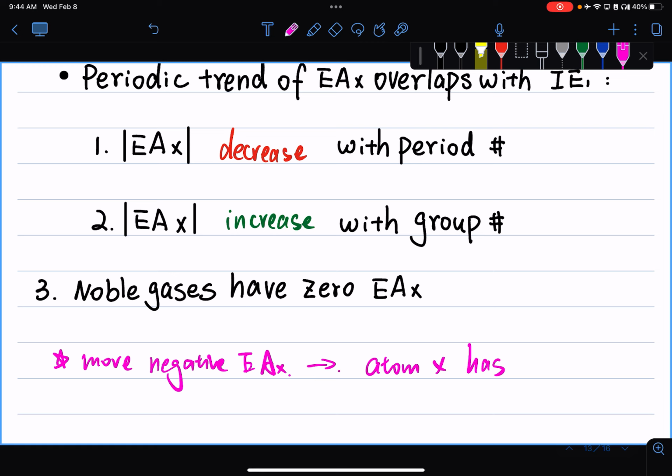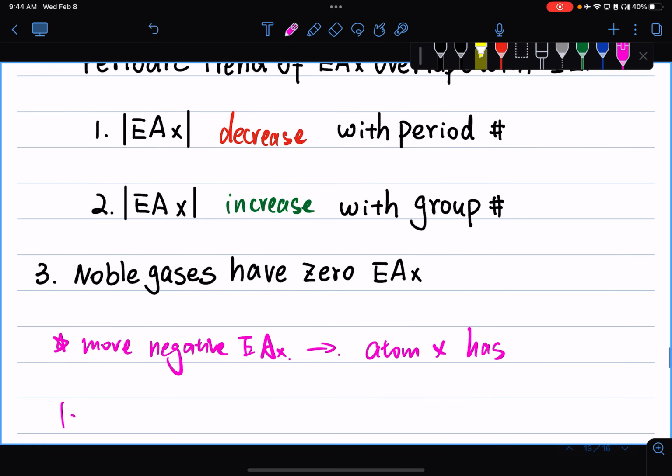It actually means that the atom has larger electron affinity. And then by definition, all your noble gases will have 0 electron affinity. They're happy, they don't want any more electrons. So this part is a little bit more of a qualitative understanding.